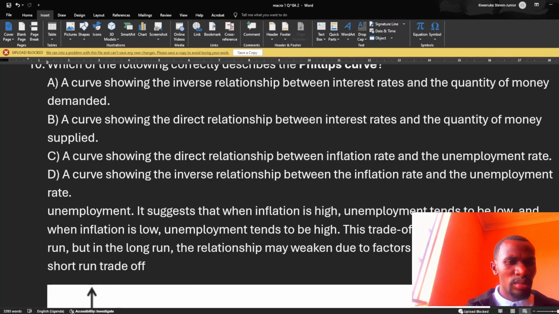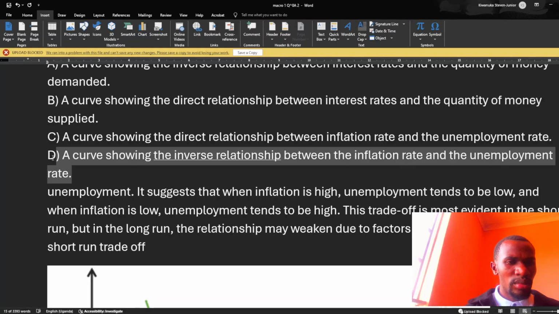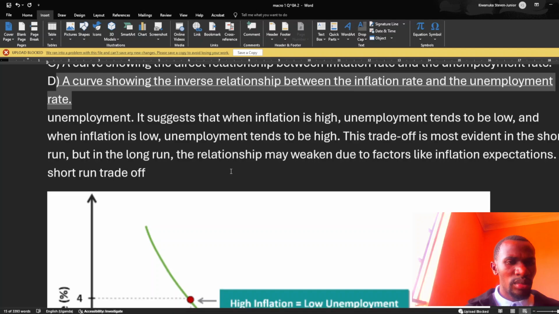A curve showing direct relationship between inflation rate and unemployment. We see that it is not a direct relationship. A curve showing an inverse relationship between inflation rate and unemployment. We see that it is an inverse relationship, true. So making our answer to be D, tested and proven.